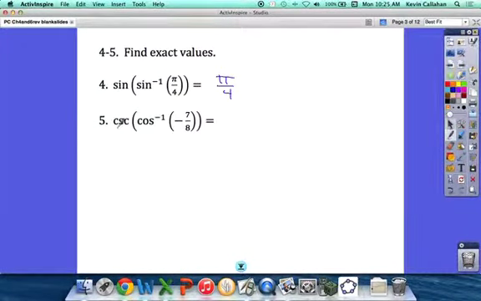Okay, and then these are a little bit different, right? The cosecant of the cosine inverse of -7/8. It's like asking, what is the cosecant when the cosine equals -7/8? And in the homework problems in the book, it'd say, hint, draw a triangle.